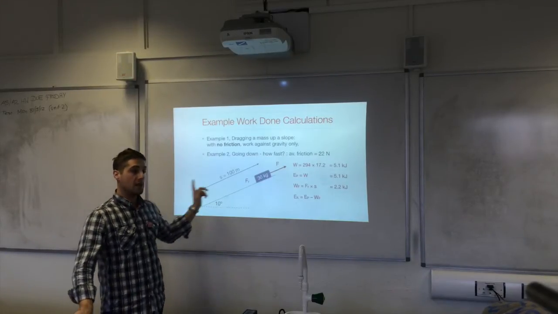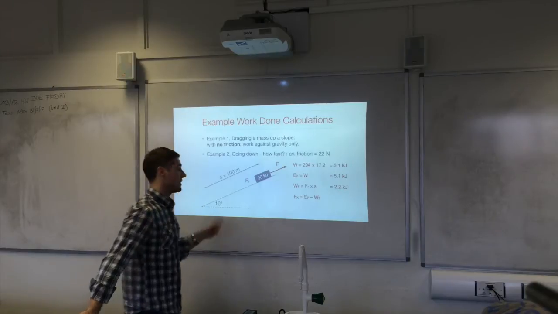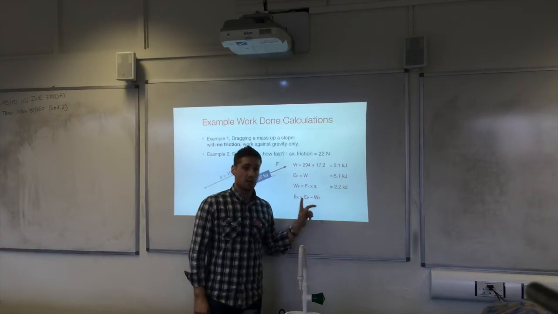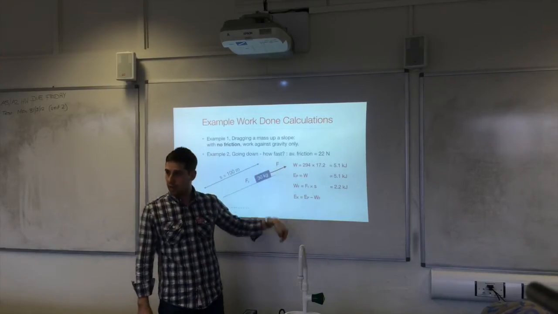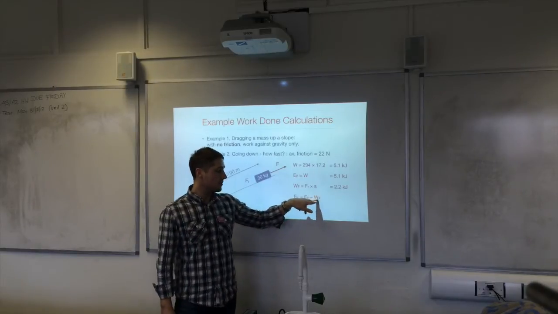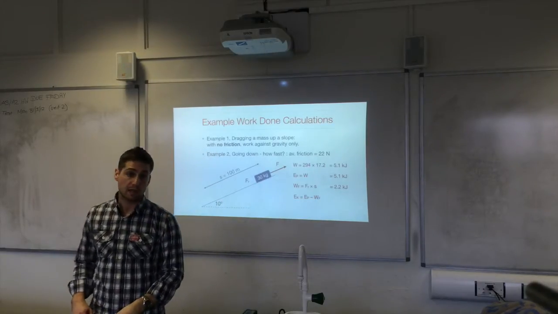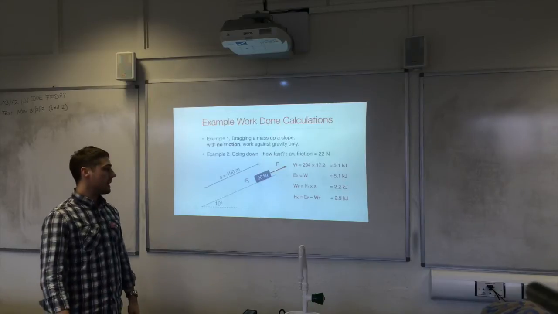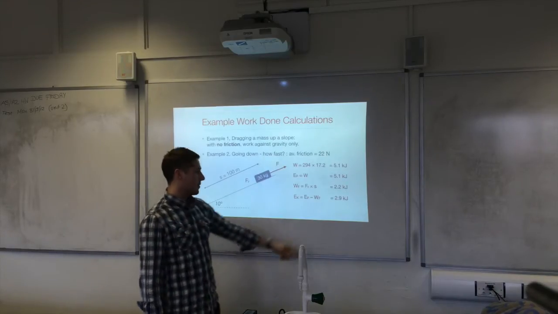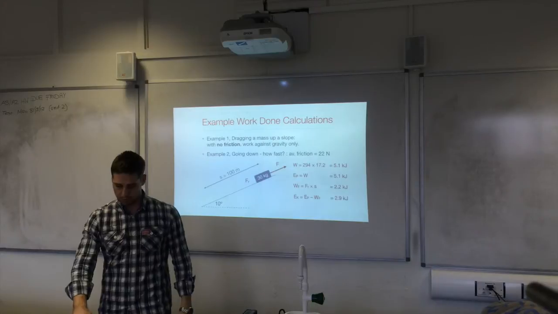The kinetic energy that it will have at the bottom is equal to the difference of those. The work that gravity is going to do on it, pulling it down the slope, minus the work done against friction. So then that's 2.9 kilojoules. Just do 5.1 minus 2.2.